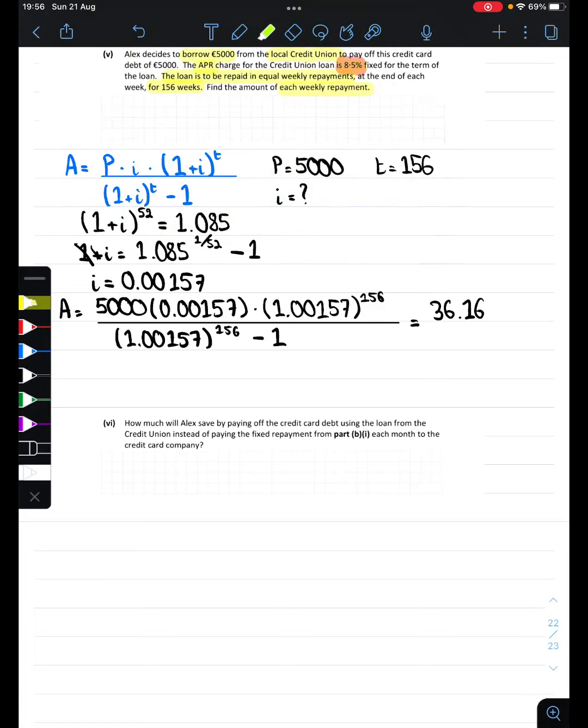So that's the amount of his weekly repayment with this method.